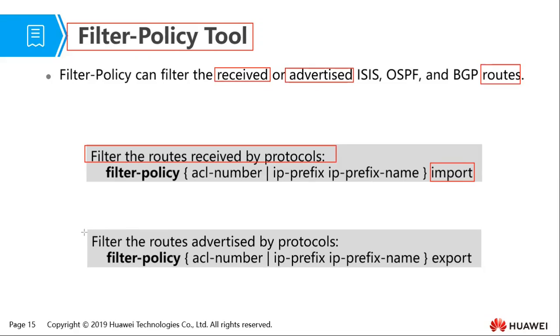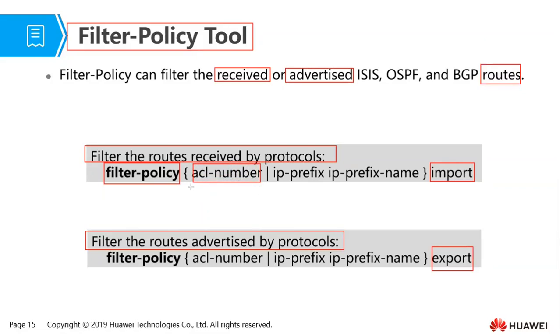When we want to filter which routes we can advertise in a particular protocol like ISIS, we use the export parameter. So how to do a filter policy? You simply write filter-policy, then you specify an ACL number.